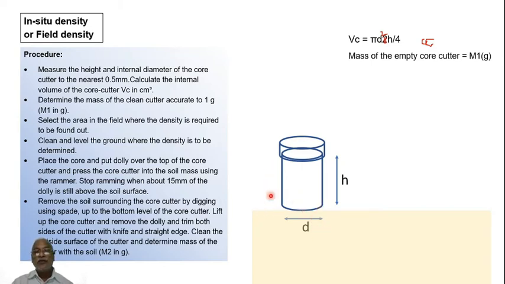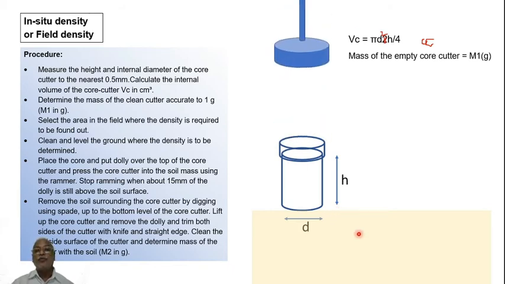So the soil level should not come up to the level of the dolly. It has to be inside. How much inside? Approximately around 15 mm, that is 1.5 centimeter. Roughly around 1 to 2 centimeter range you should leave. Till that you have to ram it.